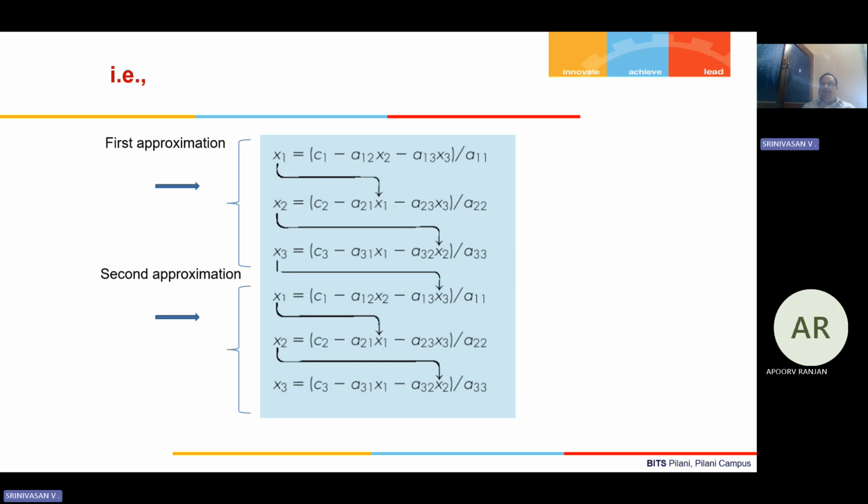And that value of x1 is used again for finding x2, and the value of x2 is used in finding x3, and so on. So this is how, approximation after approximation, we make use of the newer values of the variables in the subsequent calculations.